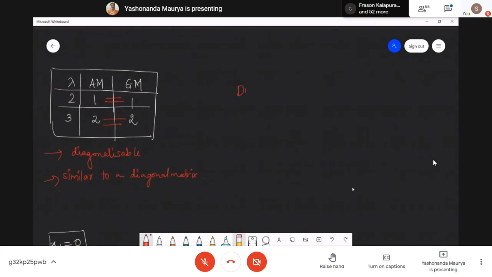So the diagonal matrix is always denoted by D. So here I have to write down the diagonal elements. Okay, so eigenvalues will appear here. So I have 2, 3, 3, so I can write it in any order. 2, 3, 3, and now since I have written 2 here, what will be my transforming matrix?